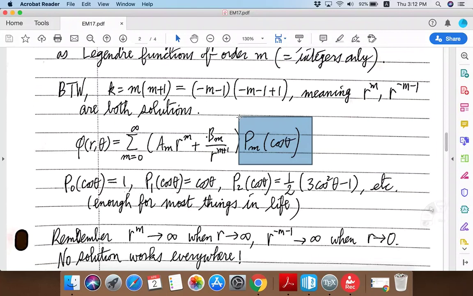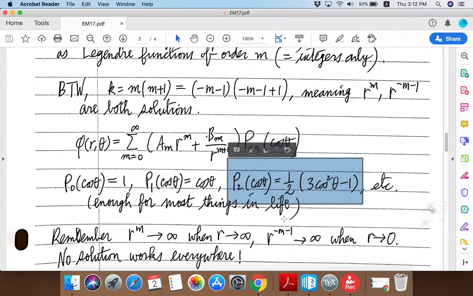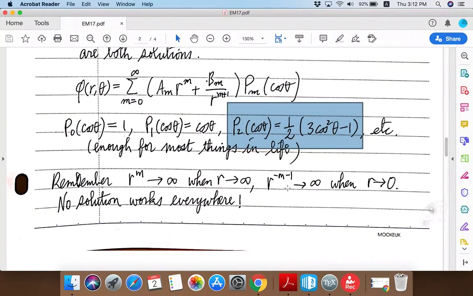Okay, so explicitly, the zeroth order Legendre polynomial is 1. The first order polynomial is cosine theta, and the second order Legendre polynomial is this thing. So there's some math that goes into the derivation of all these expressions, and also you have to worry about the normalization factor and so on.